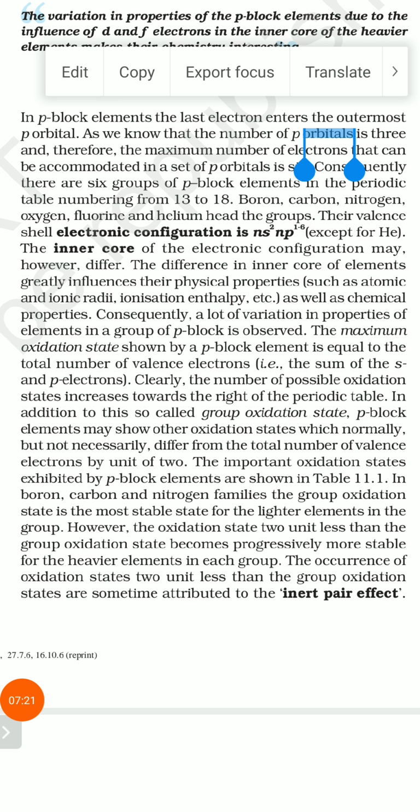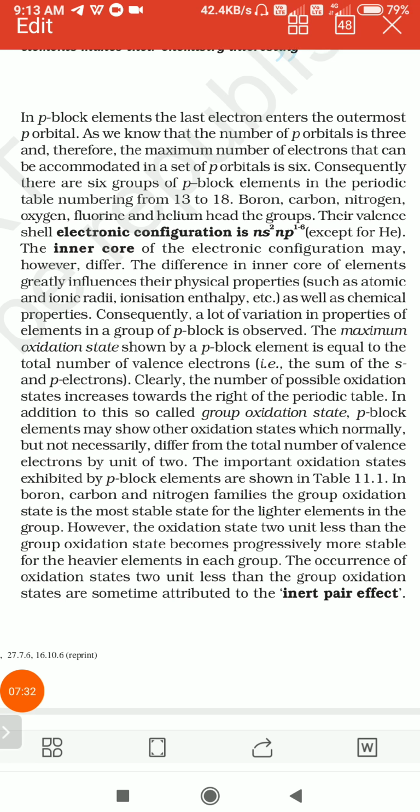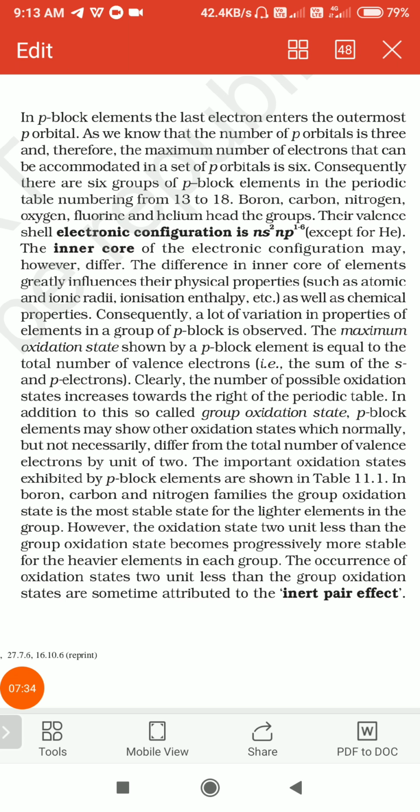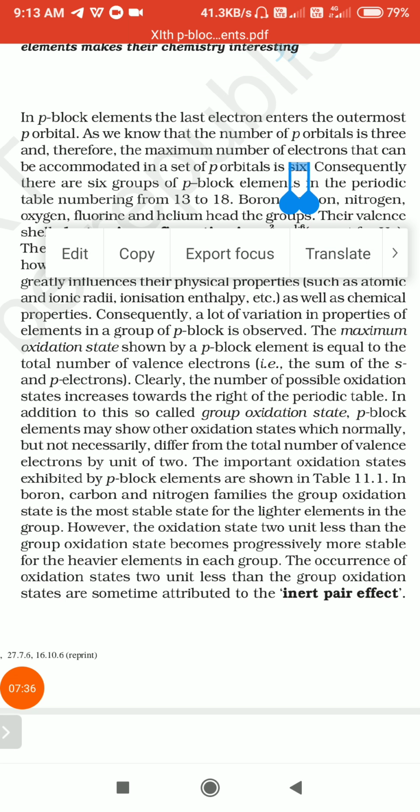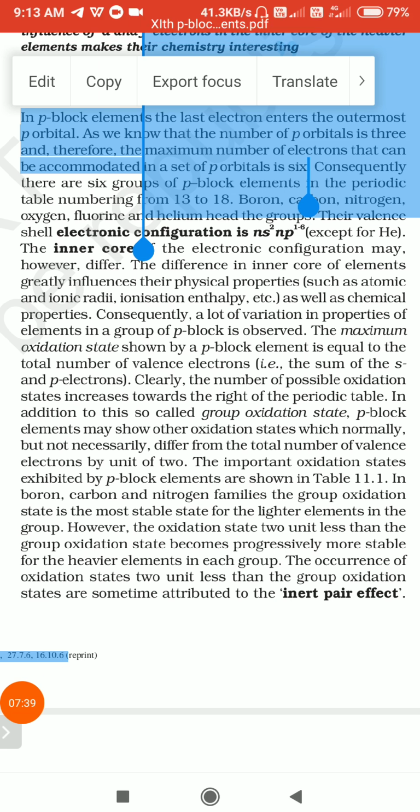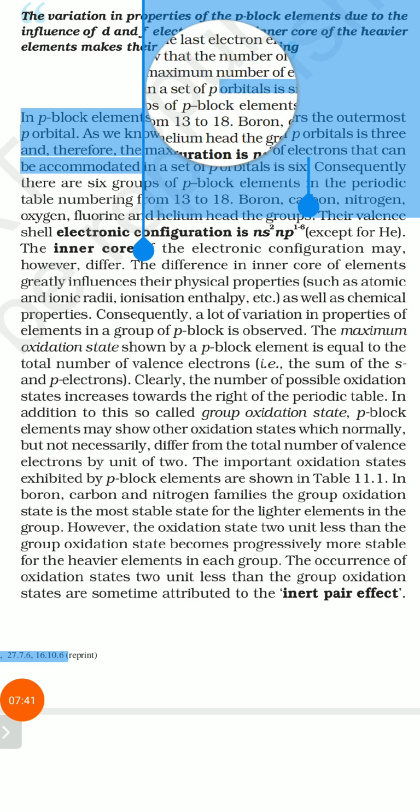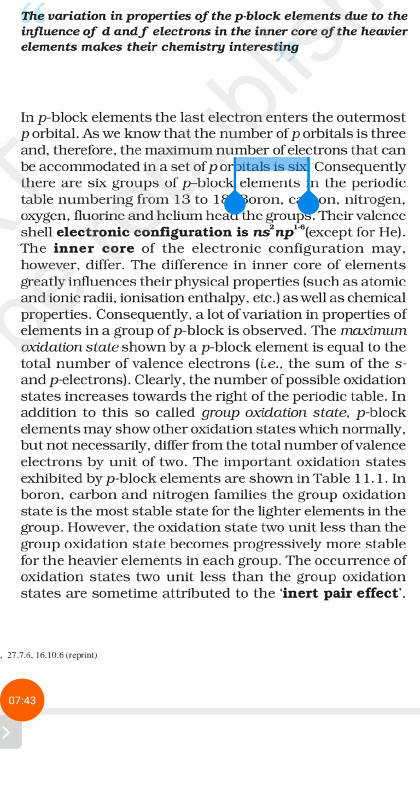So 3 boxes, each box 2 electrons. Therefore the maximum number of electrons the p orbital accommodates is 6.